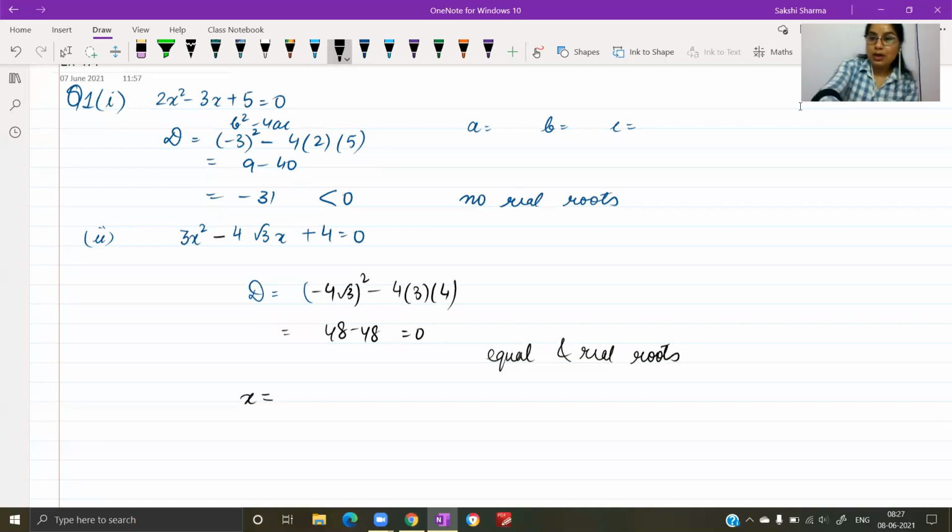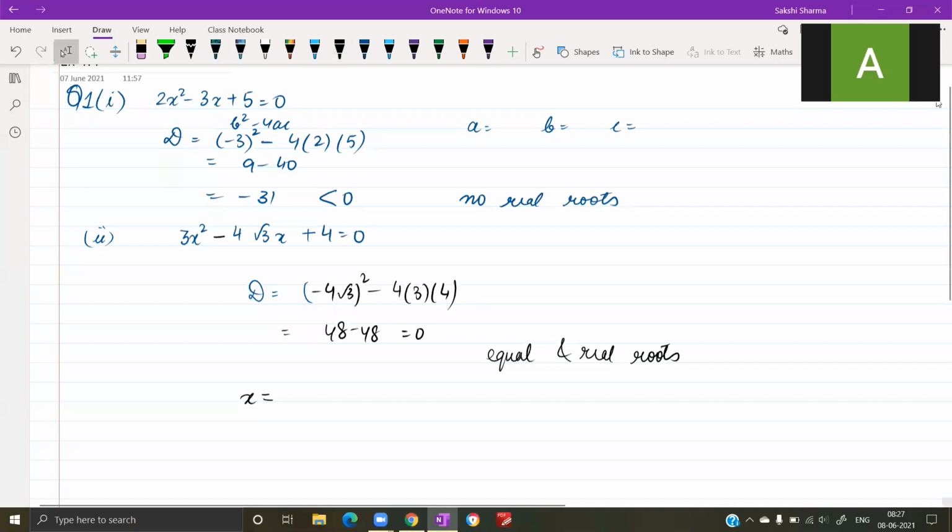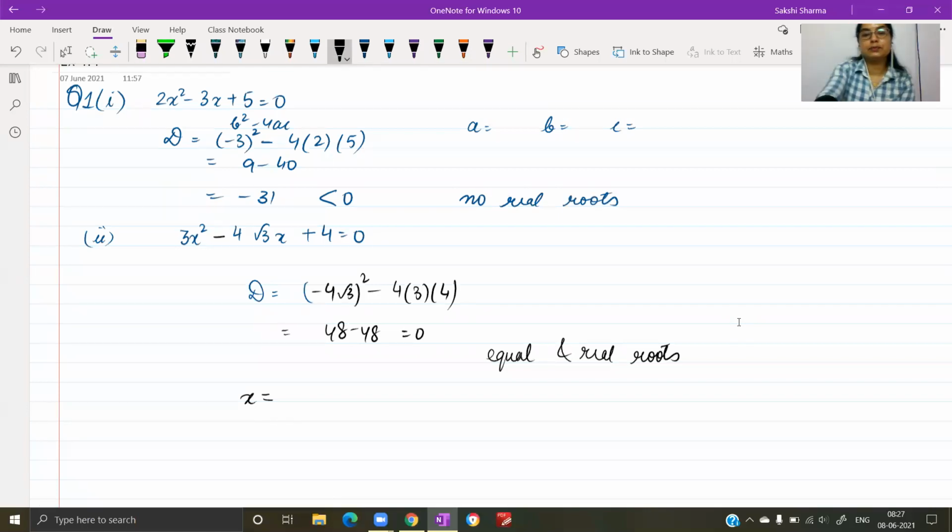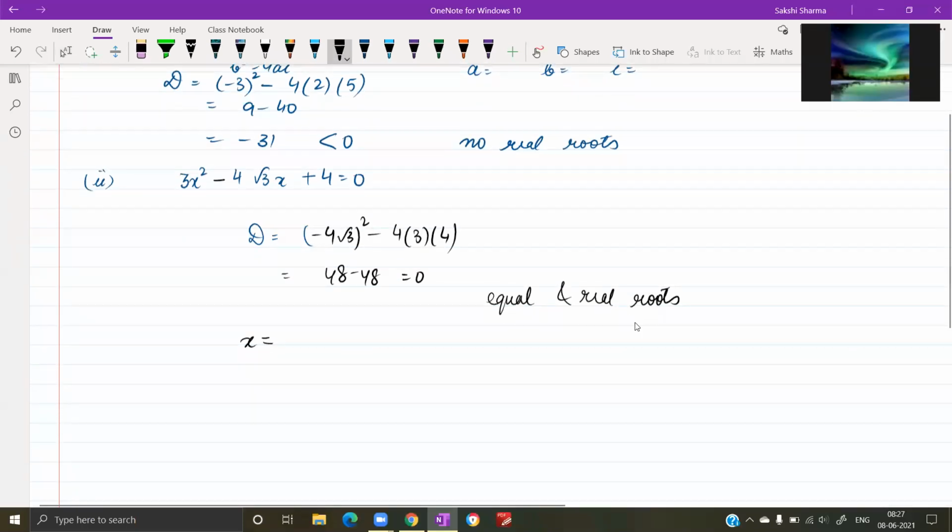Anyone else from 10th E? Vansh, beta, how will you find out the roots? Ma'am, we will apply the formula: minus b plus minus root D upon 2a.